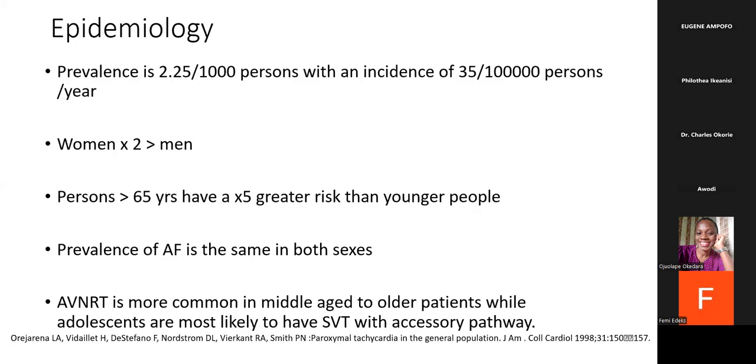As a way of epidemiology, the prevalence is about 2.25 per 1,000 persons with an incidence of 35 per 100,000 persons per year. Women are affected 2 times more than men, and persons older than 65 years have a 5 times greater risk than younger people.